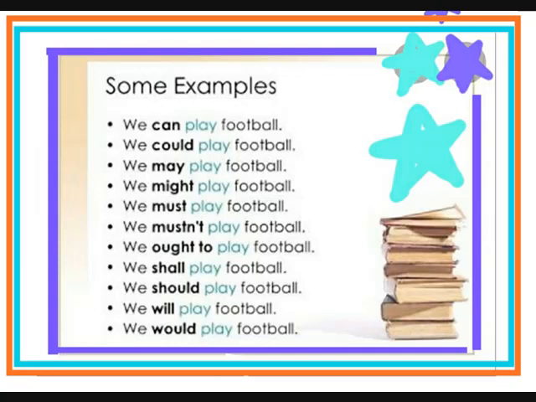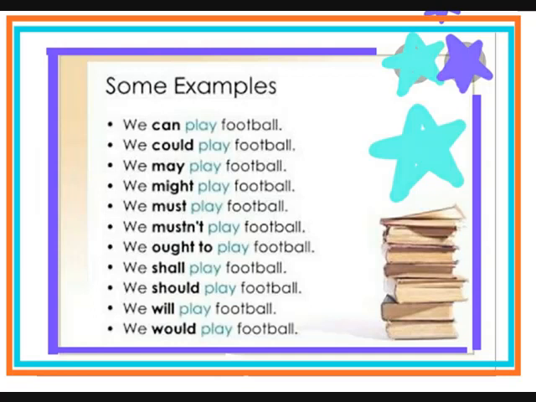Then the seventh sentence, we ought to play. The word ought is used in place of must, and whenever we use the word ought, we add the word to there. So we will not say we ought play. We ought to play football, and it is also showing you obligation.